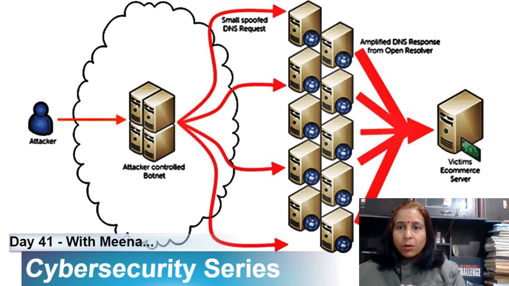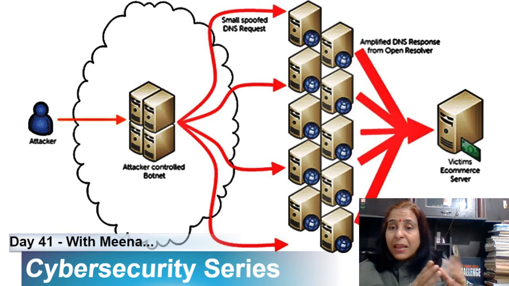So that server will be busy replying to those types of DNS queries, and when a legitimate user makes a request, it will be busy with DNS queries, and there can be a lot of damage to the business.